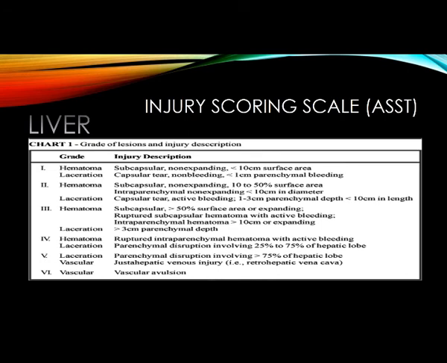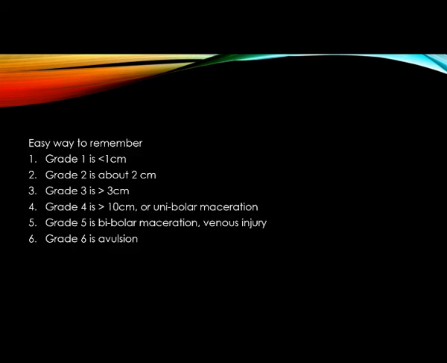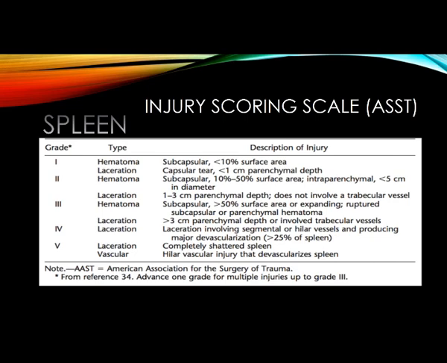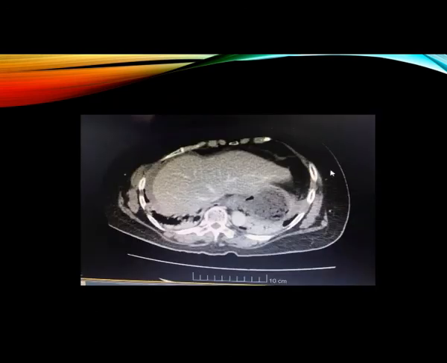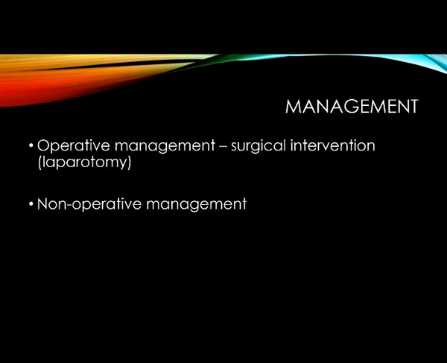This is the injury scoring scale for the liver, while this is for the spleen. So this is the management of the blunt abdominal trauma.